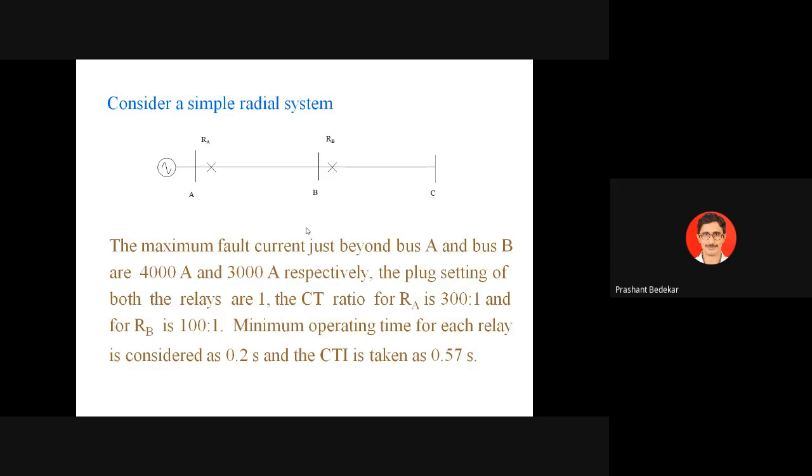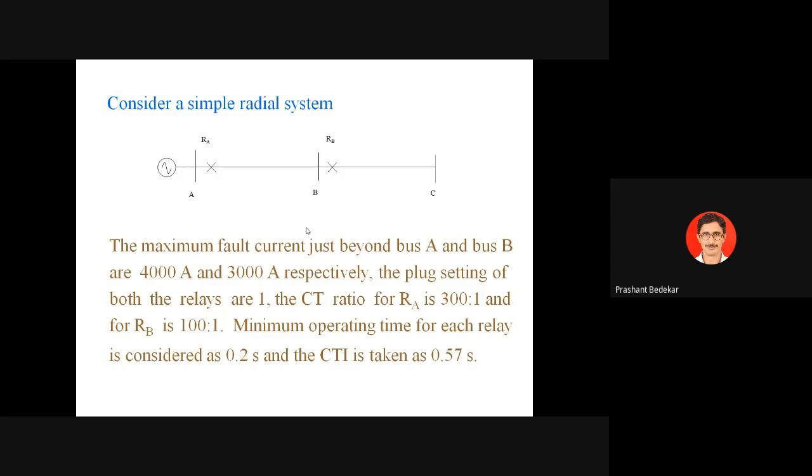Consider a simple radial system, and I have assumed some data. The maximum fault currents just beyond bus A and bus B are 4000 and 3000 respectively. That is, if the fault takes place beyond bus A but before bus B, the fault current is 4000 amperes. If a fault takes place between B and C, the fault current is assumed to be 3000 amperes.